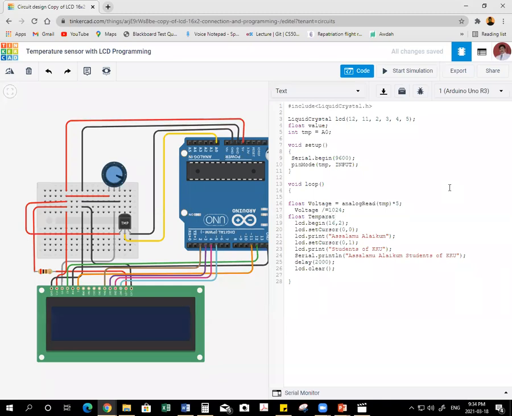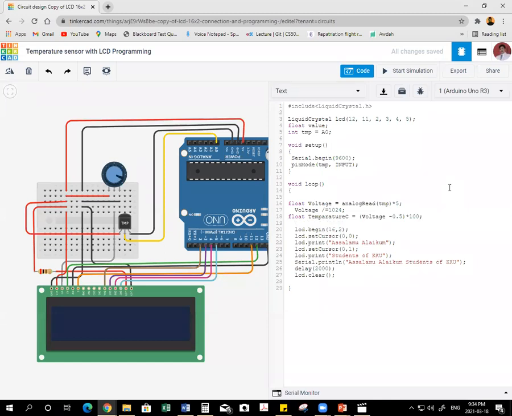Be careful, the spelling is very important. If you take a capital letter, this way, spelling is very important. temperatureC, which is equal to voltage minus 0.5 into 100. I will explain, no problem.